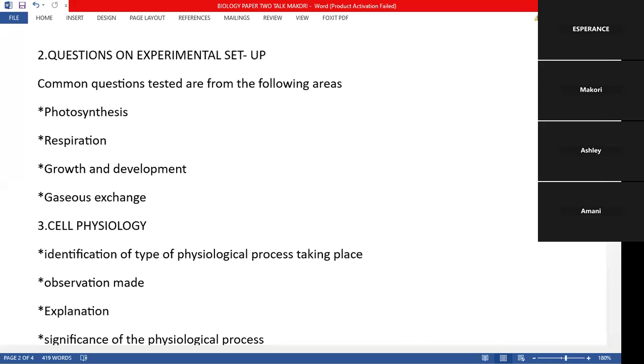If you look at that document, you will get that the process happening within this mouse, which is in a conical flask, leads to production of a gas that changes the color of solution D. We know that in this rat, the process of respiration takes place. When respiration occurs, there is production of a gas, carbon (IV) oxide.